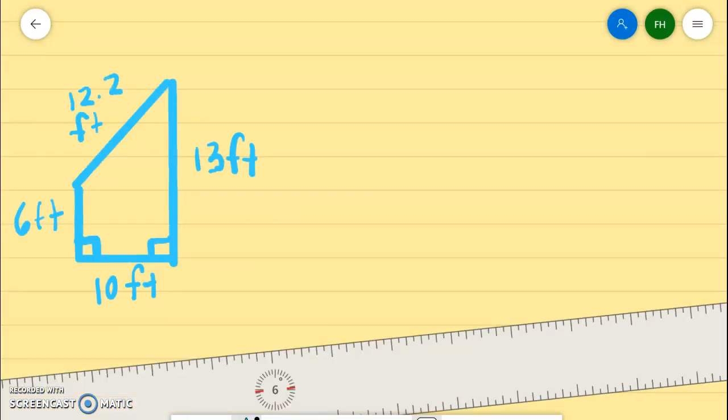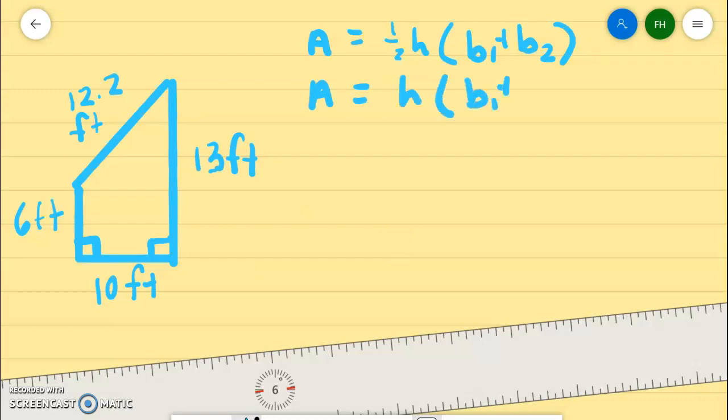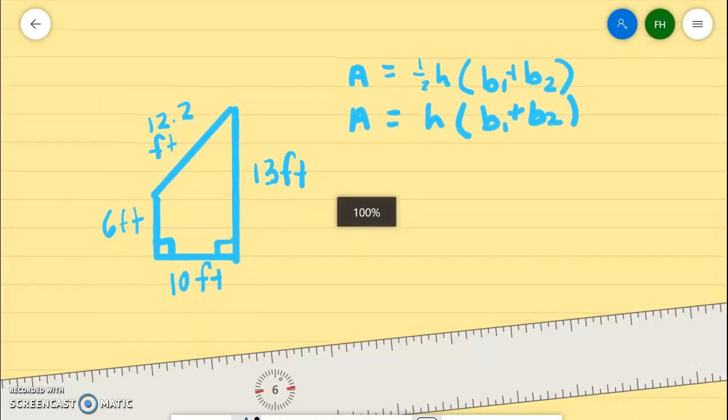Okay, so this one is a little bit tricky, but even if you really couldn't, this is a trapezoid, so it's the 1/2 height times your bases, or your height times your bases divided by 2.